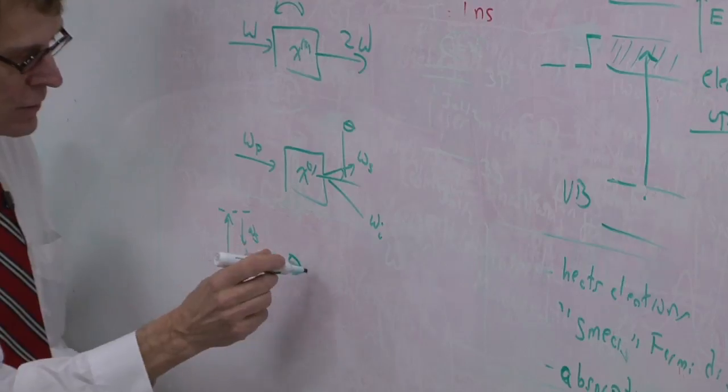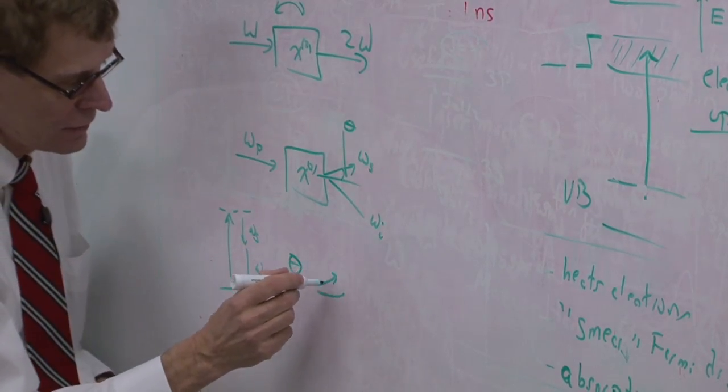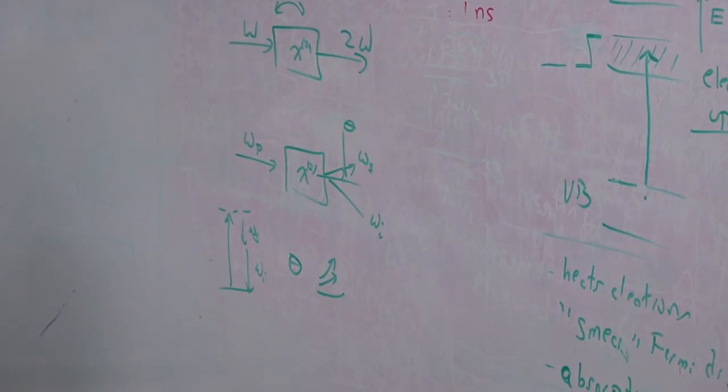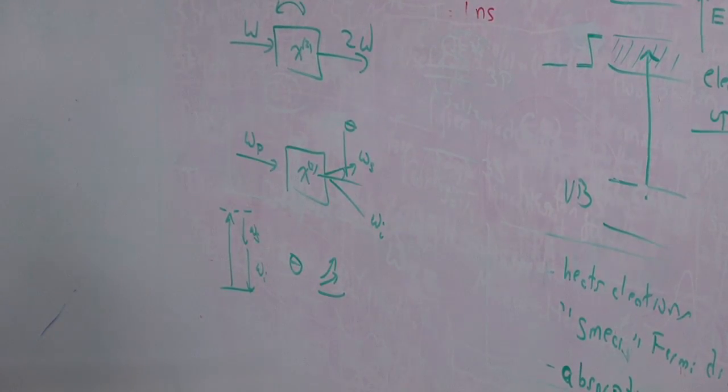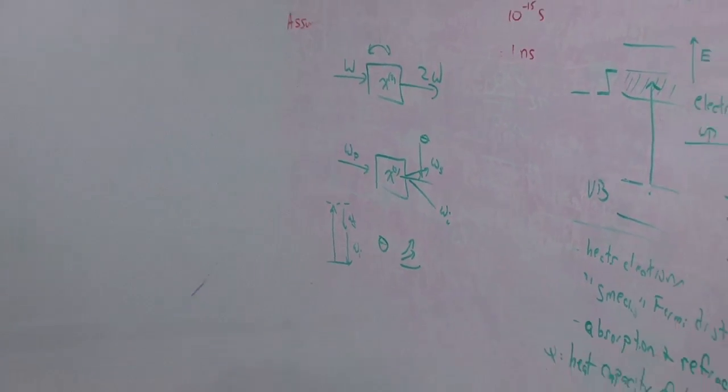And it can come out in any angle. So there's a huge number of possibilities for what can go on in parametric down conversion. And that makes it intriguing, makes it fun. I still don't have a crisp answer.